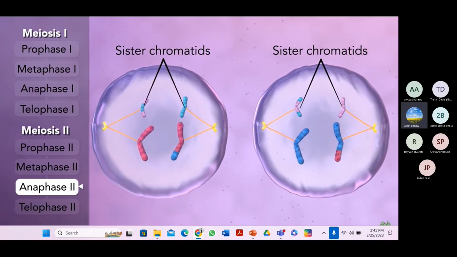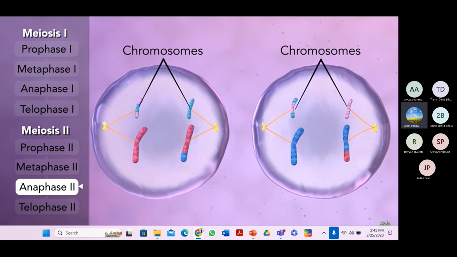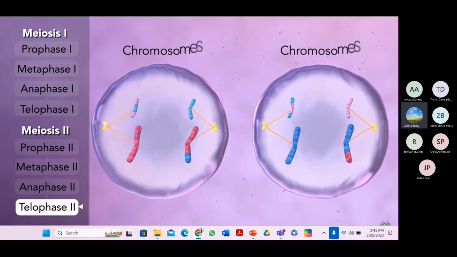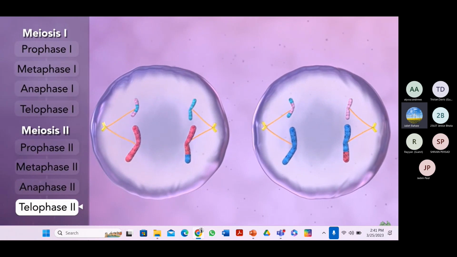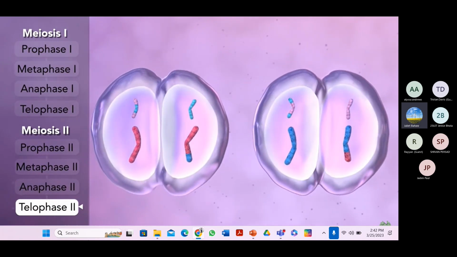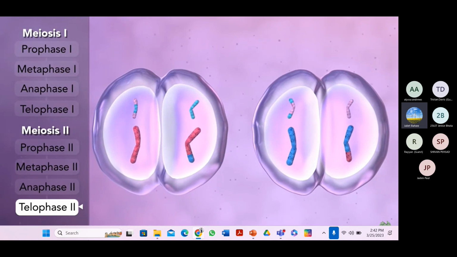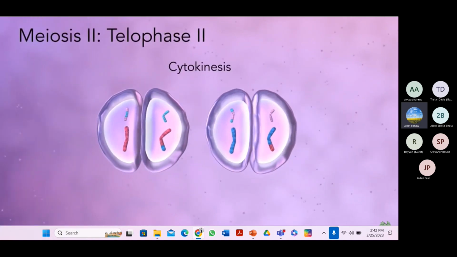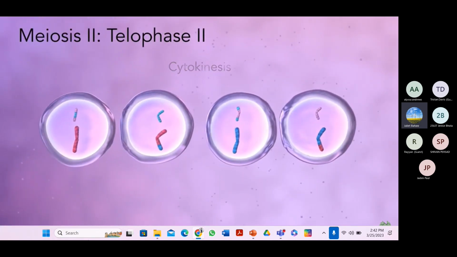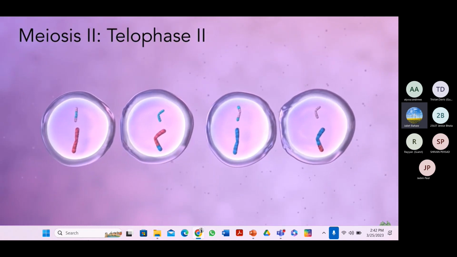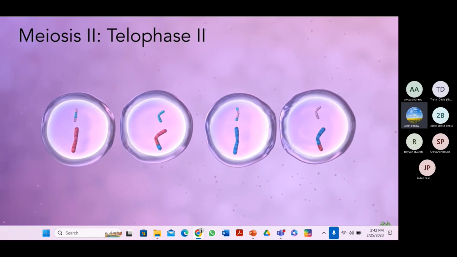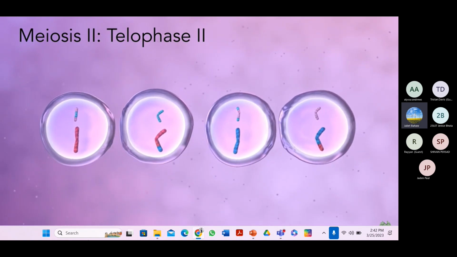Once the sister chromatids separate, they're called chromosomes. Finally, during telophase II, the spindle fibers disappear and nuclear membranes reform. And cytokinesis occurs in both cells. Meiosis II ends with 4 genetically different haploid daughter cells, each containing only 1 set of chromosomes.